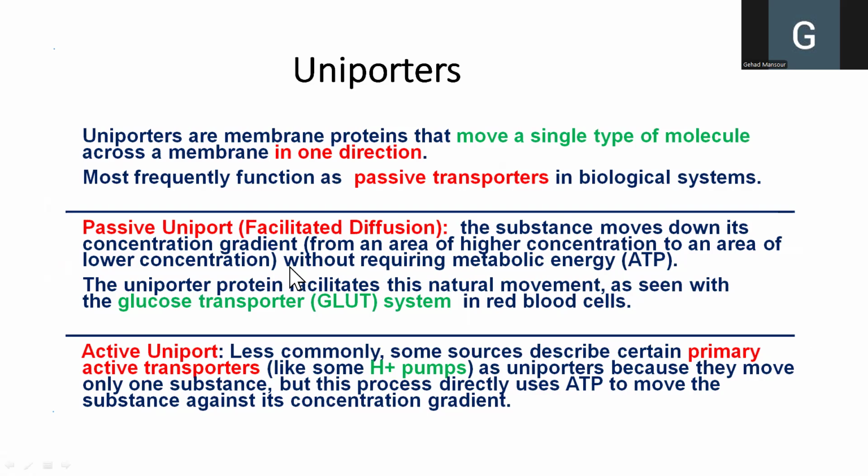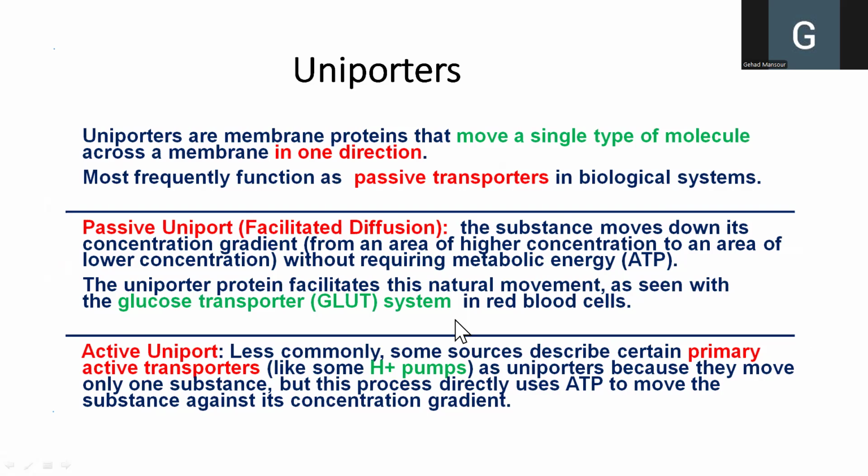And since we are going down concentration gradient, then we don't require metabolic energy, or we don't require ATP. The uniporter protein will facilitate this natural movement. The natural movement is the movement down concentration gradient.